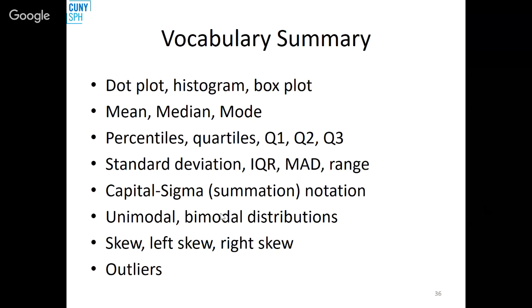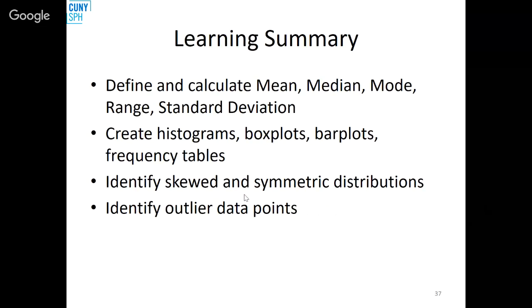I'll try not to put anything too in between there. Left and right skew are things that you now have several tools for identifying, both from numerical summaries and graphical summaries, as well as outliers. I won't read these out again, but here are the main things that you should take home and make sure you've learned from this lecture and from the lab.